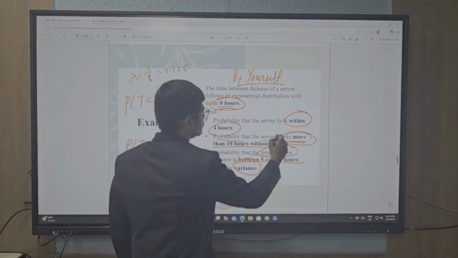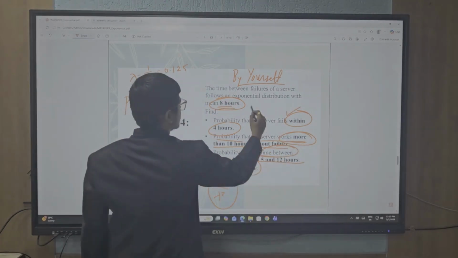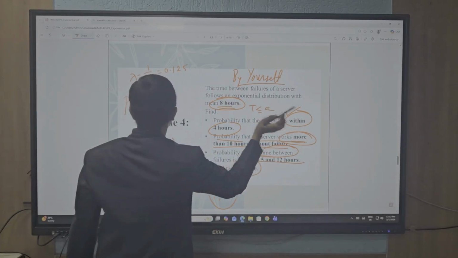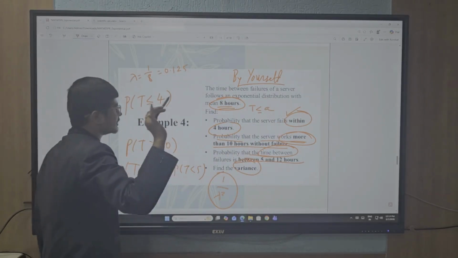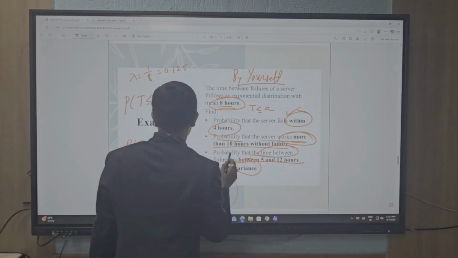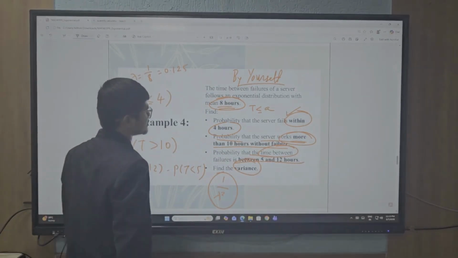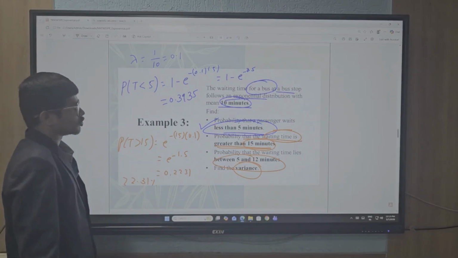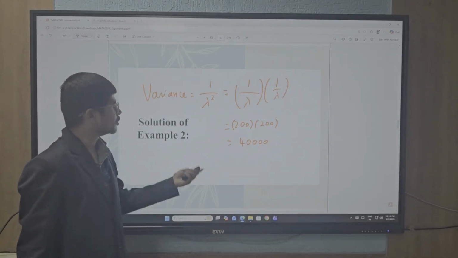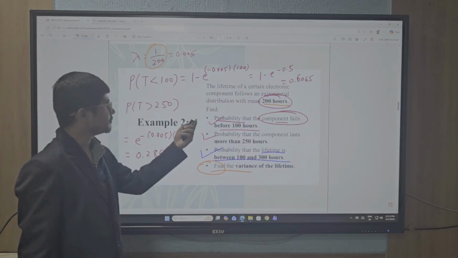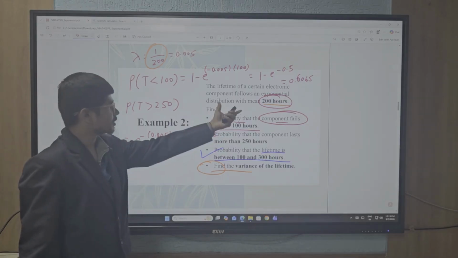So first, within means you have to calculate t less than something. Sorry, it's my error. So t less than 4, works more than means greater than, between this and this, and 1 by lambda square. This is our whole sum.